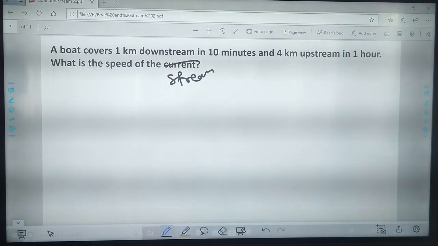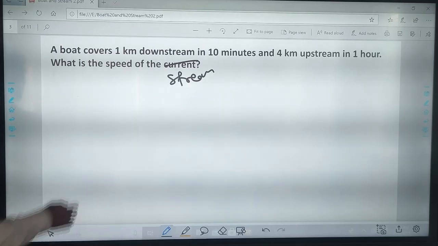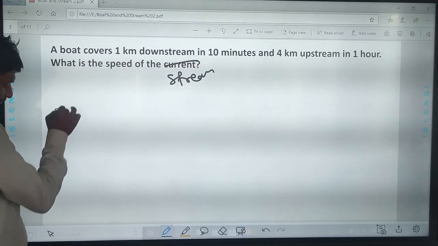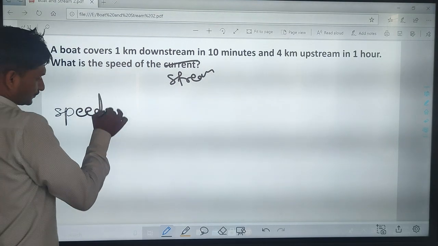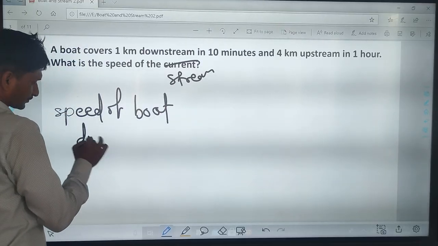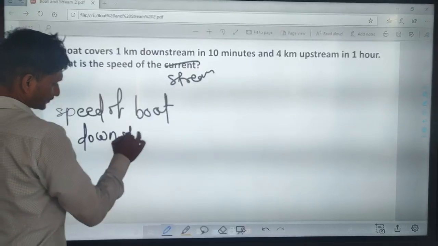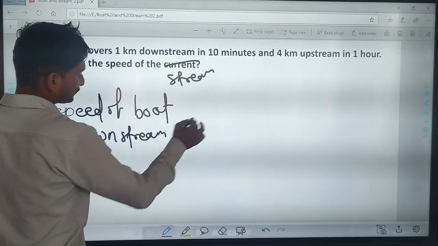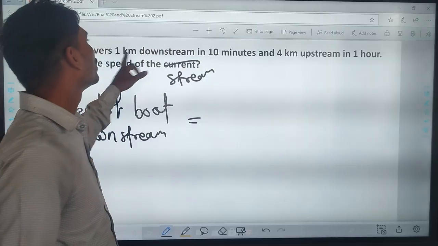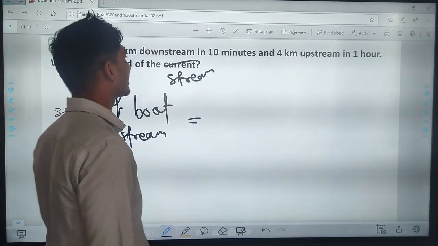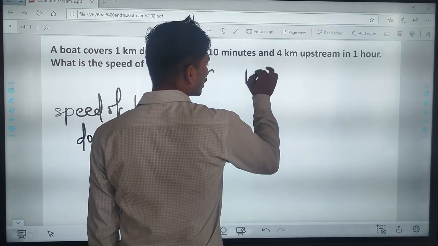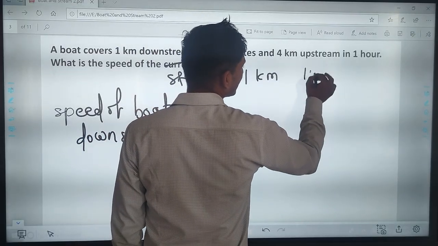Here, first we find the downstream speed, the speed of the boat downstream. The boat covers 1 kilometer downstream in 10 minutes.